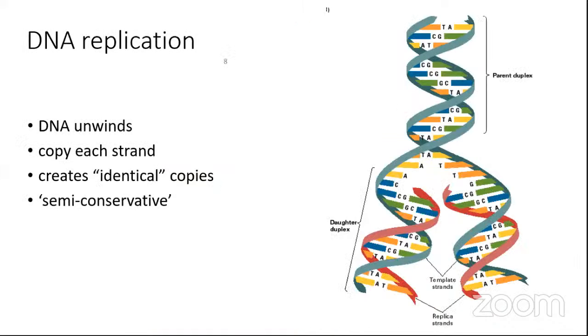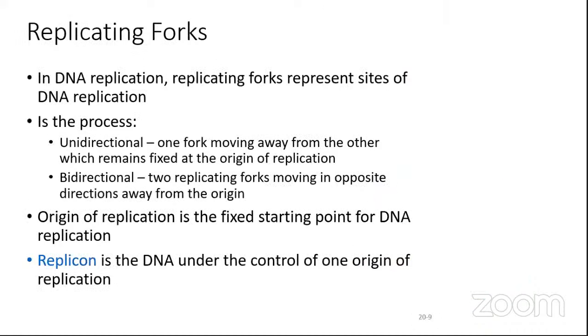For DNA replication, the DNA has to unwind and copy each strand, and it must create identical copies so that the same genetic material is replicated in the further cells, and this mode of replication is semi-conservative. To start a replication, you need a replication fork.